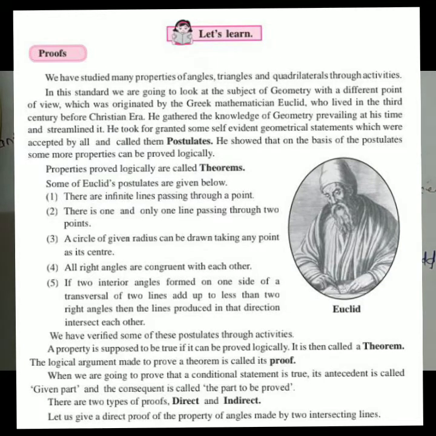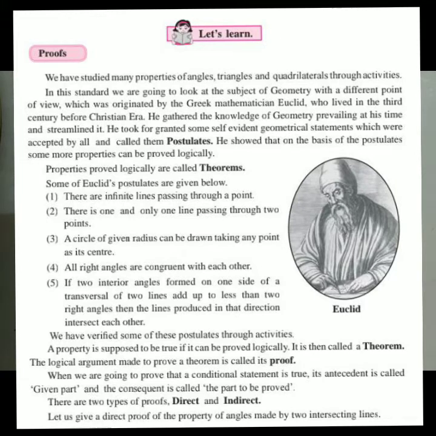Let's see the next point, proof. We have studied many properties of angles, triangles, and quadrilaterals through activities. In this standard, we are going to look at the subject of geometry with a different point of view, which was originated by the Greek mathematician Euclid, who lived in the 3rd century before the Christian era.